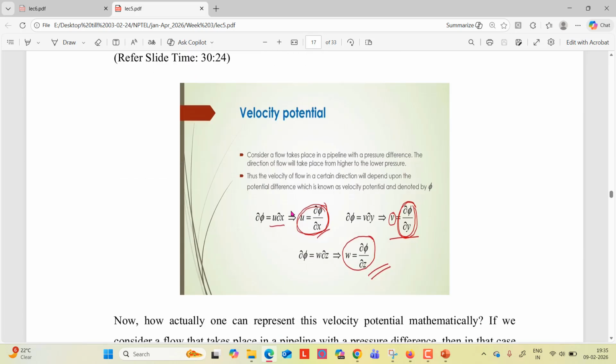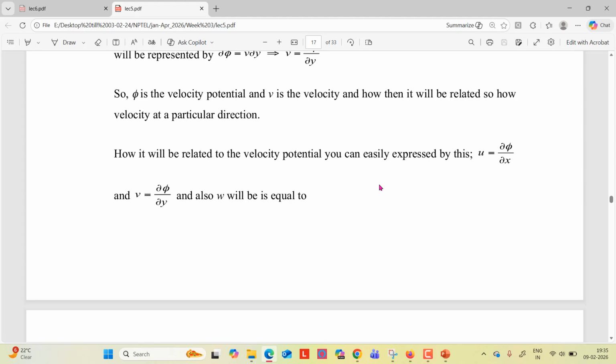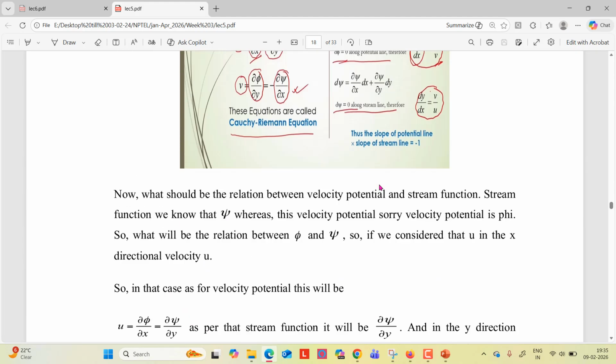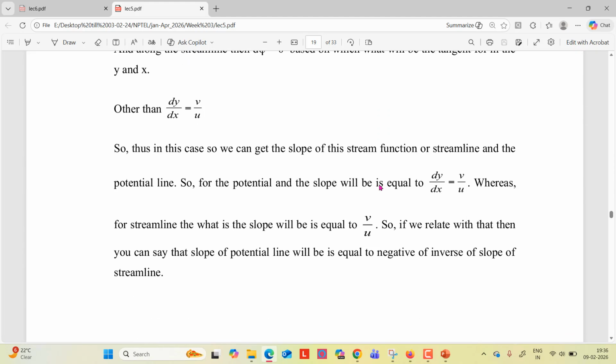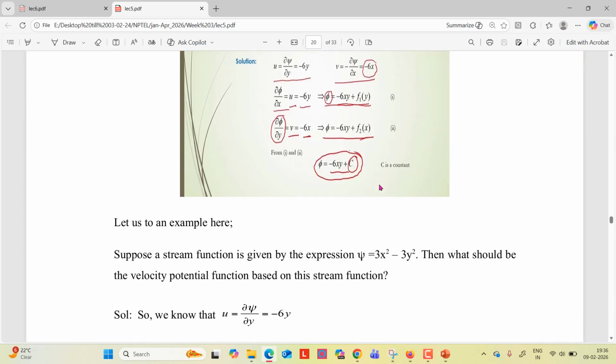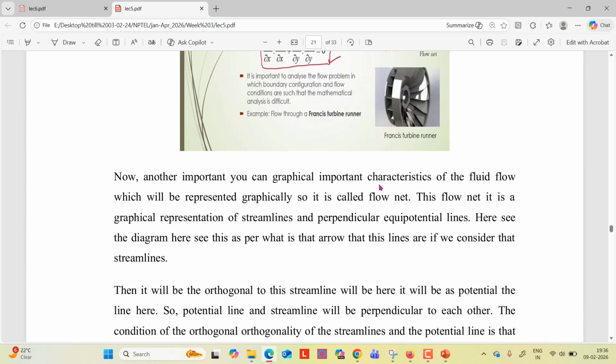So we'll go to this kind of equation after that. Similarly, velocity potential is defined as u equals del phi by del x and v equals del phi by del y. So these are some of the equations, the Cauchy-Riemann equations. Some examples are there.